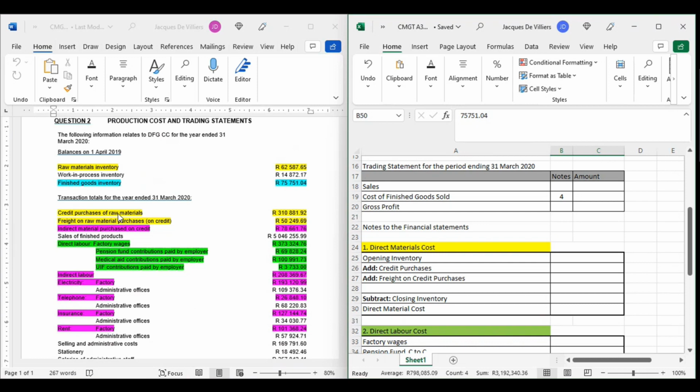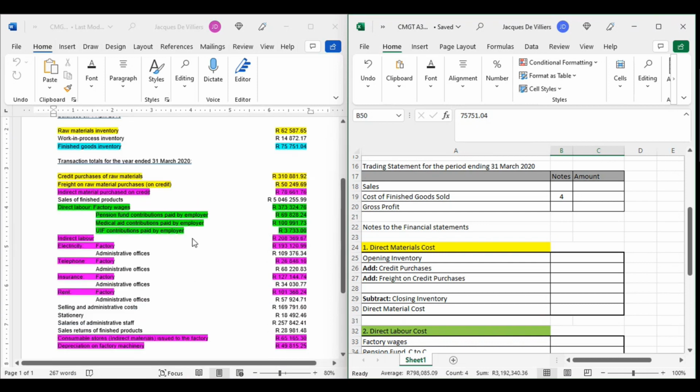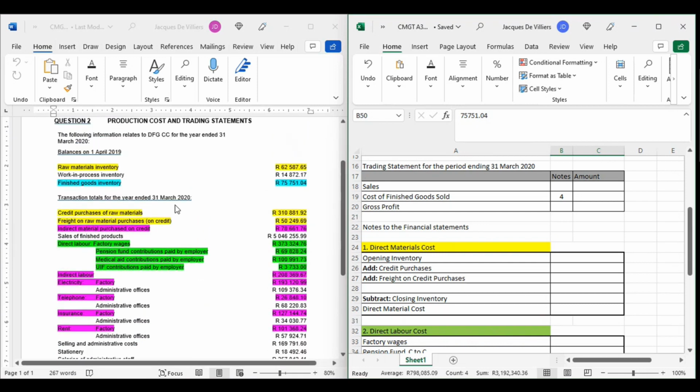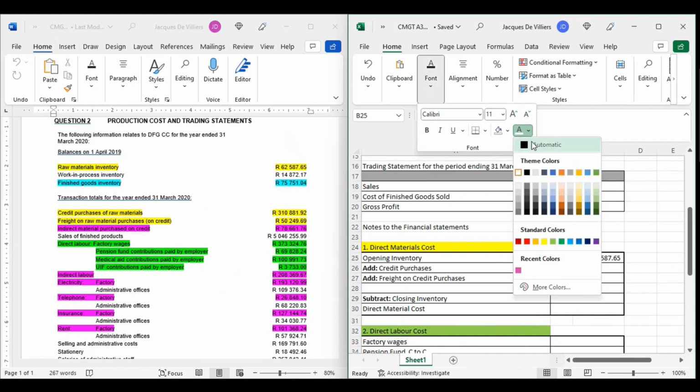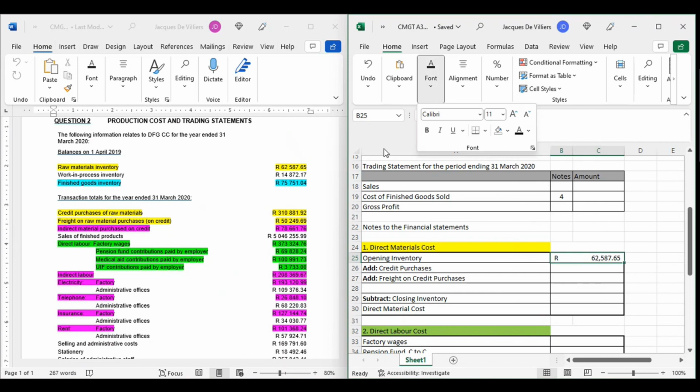Direct materials and raw materials are exactly the same. Okay, so you will always start with your opening inventory. If it was a T account, it would have been what you brought down from the previous year. So your raw materials inventory from the beginning of the year is the first thing that you put in there. Okay, so it's not a secret, it was given.